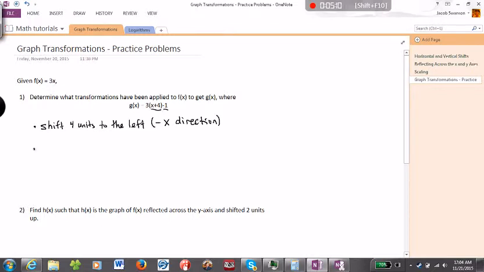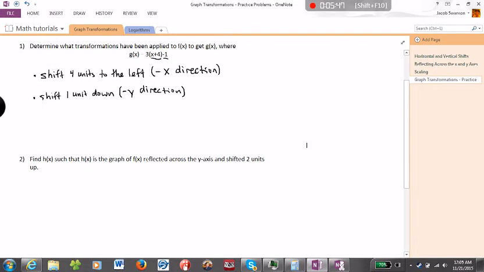So the second shift is a shift of 1 unit down in the negative y direction. Those are the only two shifts on this question, so that would be the two things you need to write down for this one: we shifted it 4 units to the left and we shifted it 1 unit down.